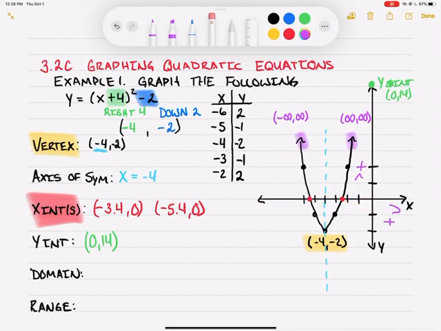My domain of this function comes from the x values of each arrow. So my x values are negative infinity and positive infinity, and that's going to be my domain.